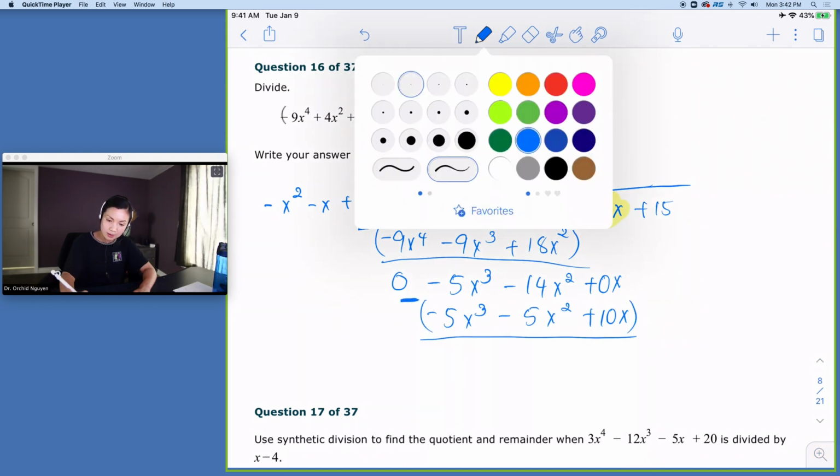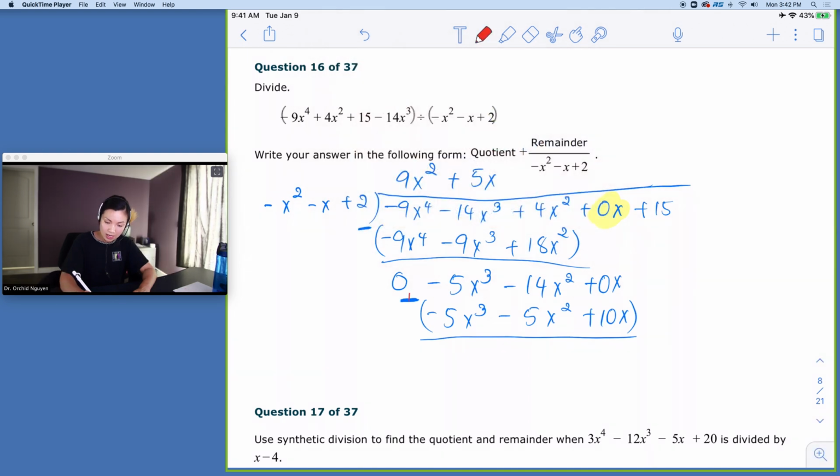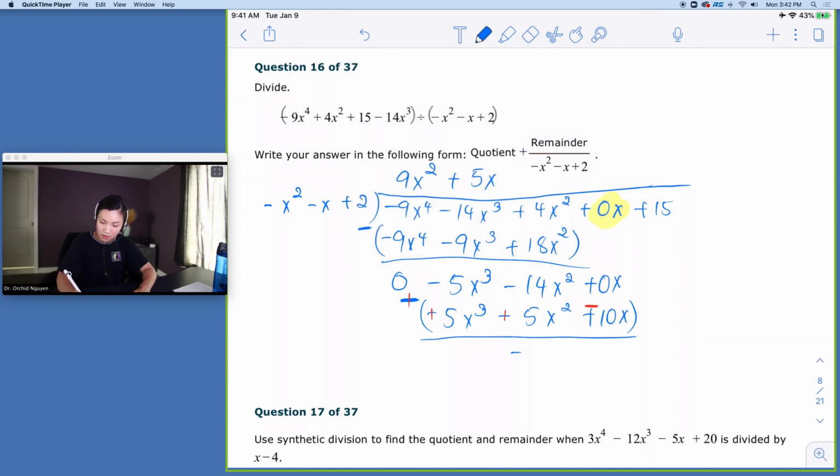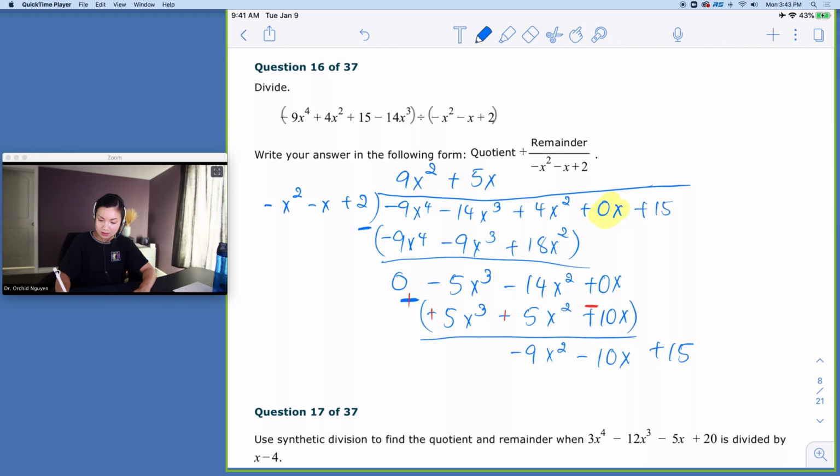By the way, some people add the opposite. Okay. So when you add the opposite, negative 9x squared, negative 10x. Bring down 15.